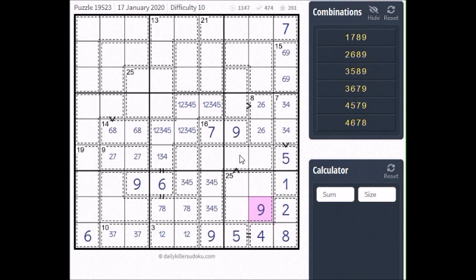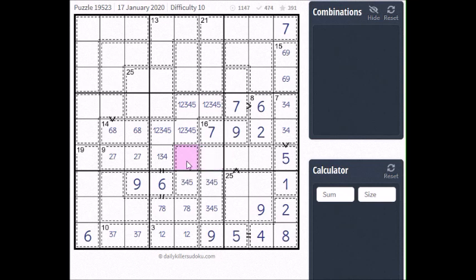Now the 7, the only remaining cell for the 7 in this nonet is here. Also the 6, 8 here would make this 2, 6. Now here we would have 6.